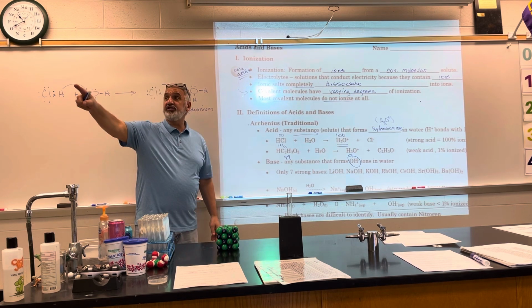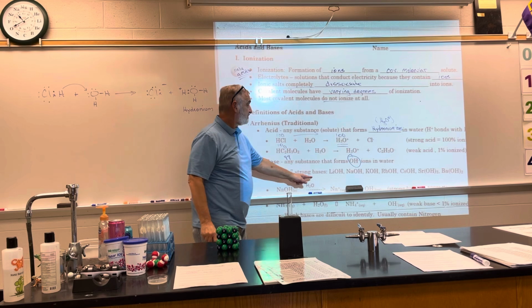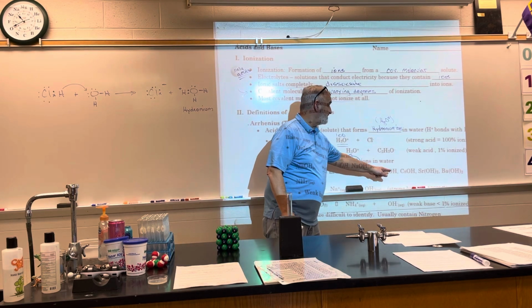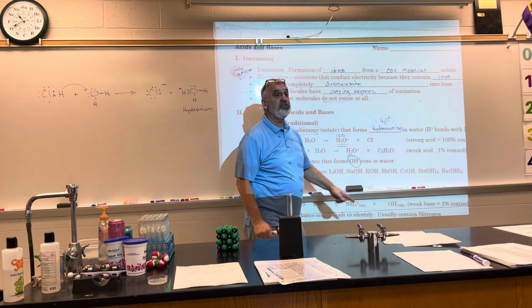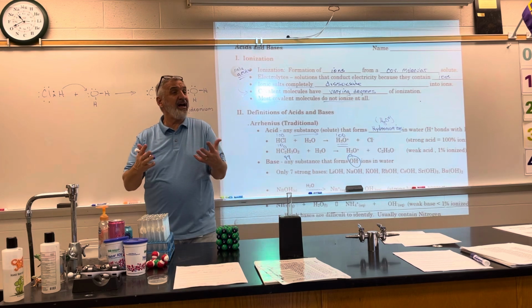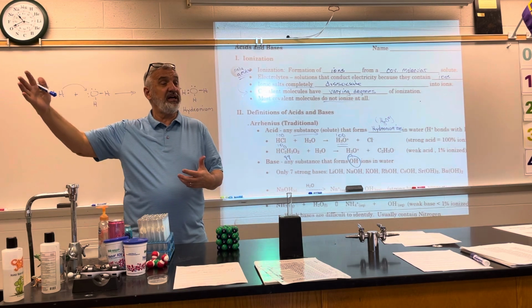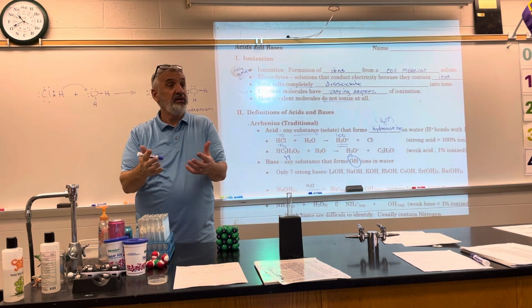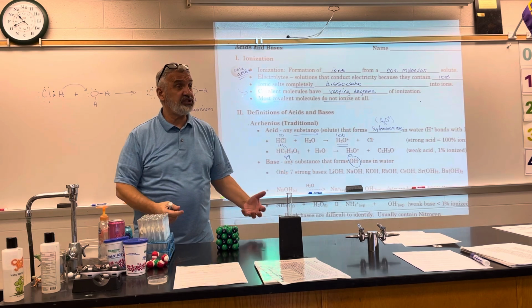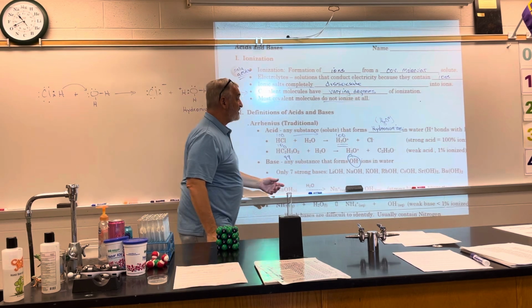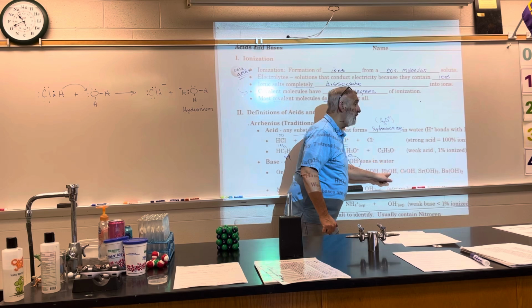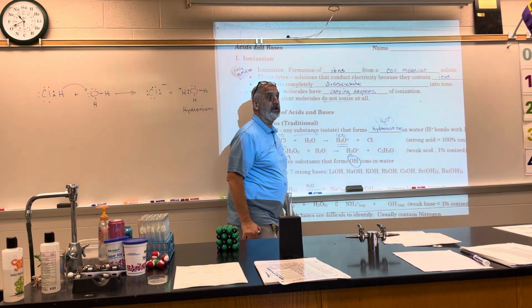So again, our strong bases, lithium, sodium, potassium, rubidium, cesium, strontium, and barium, those are basically ionic compounds, but they have the hydroxide ion. When you put them into water, they dissociate completely into those ions, so we get a whole bunch of OH minus ions.